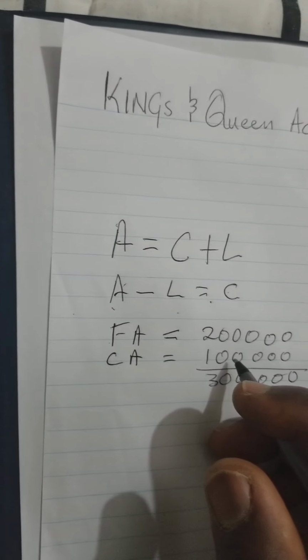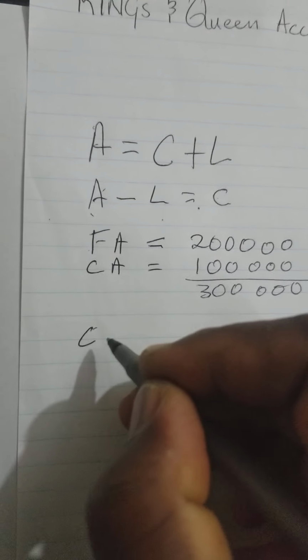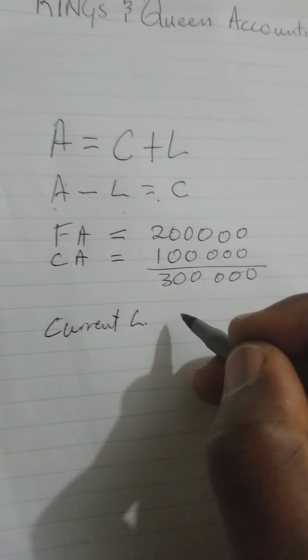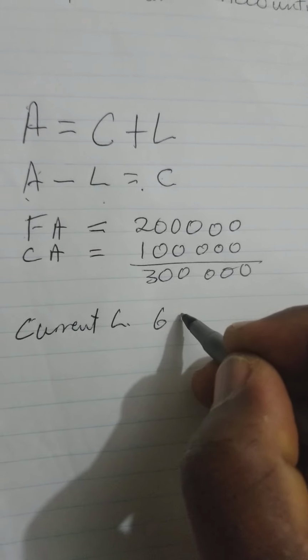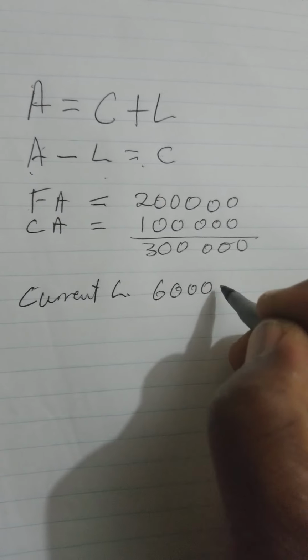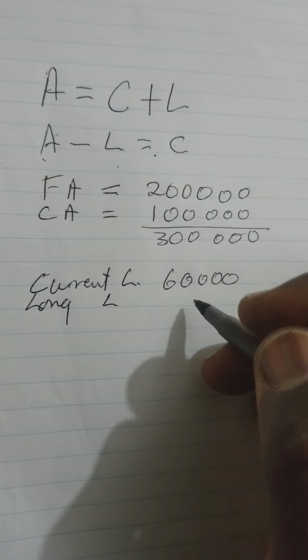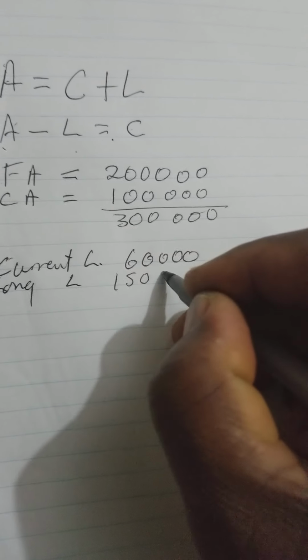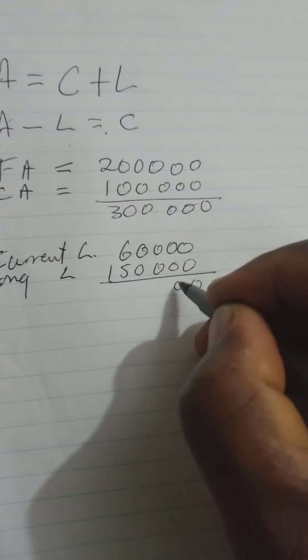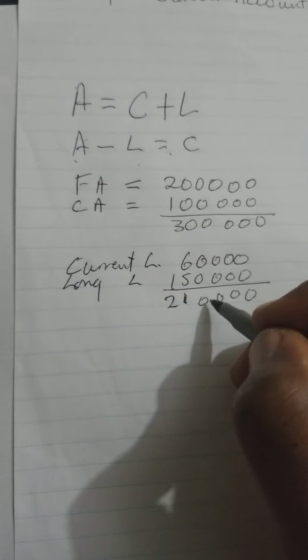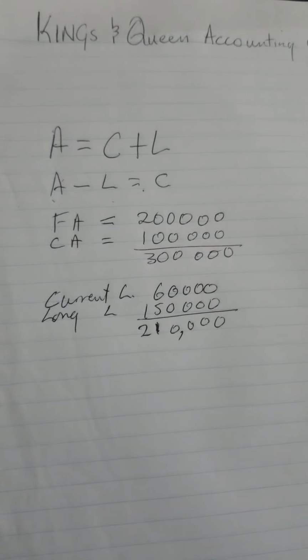Then our liabilities now. The current liability would be 60,000, and our long-term liability is 150,000. So when we add that, this is going to be 210,000.